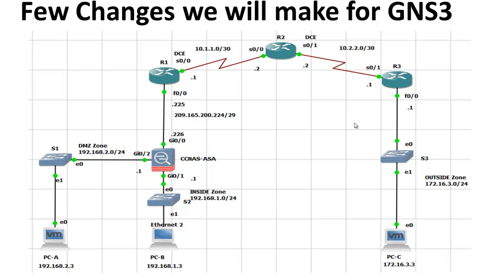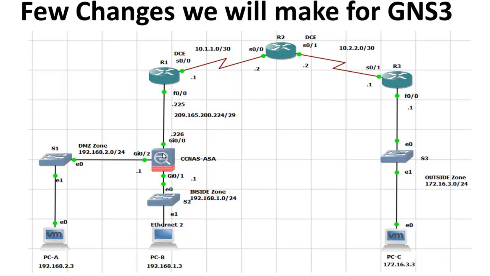As you can see, we have the 3 routers, router 1, router 2 and router 3. Between router 1 and router 2, we are going to use the 10.1.1.0/30 network. Between router 2 and router 3, 10.2.20/30 will be used.